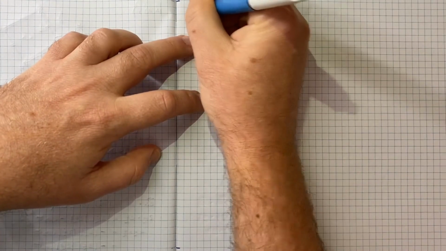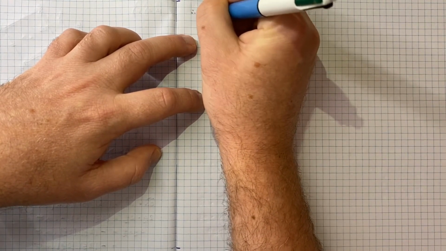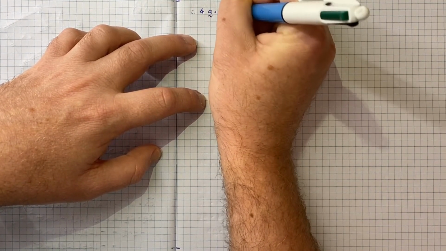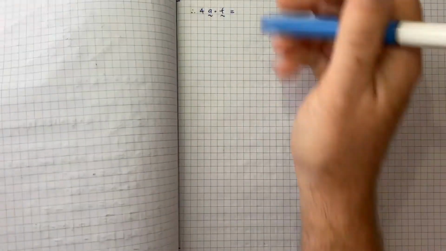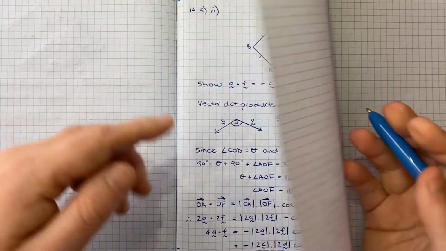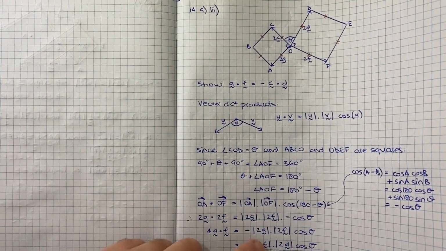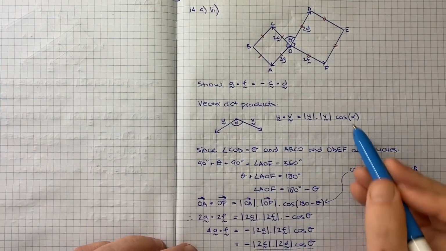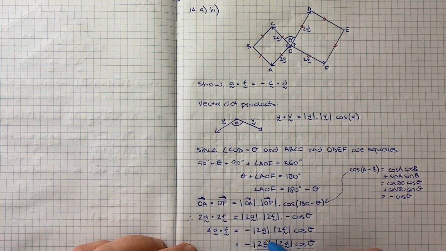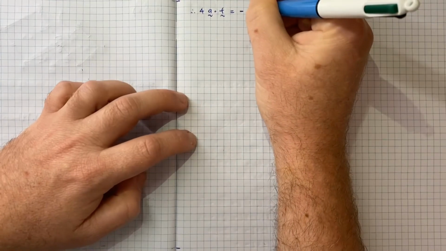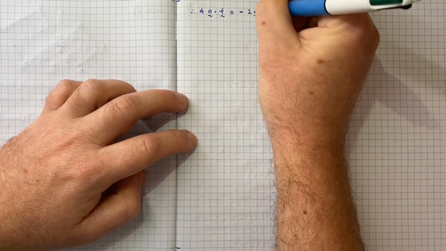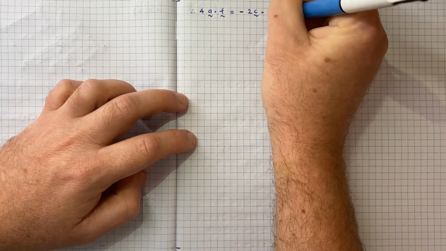So we'll say, therefore, 4 times A vector dot product F vector is equal to, and we have our negative, can't forget that. And now, if we convert it back to the left-hand side, it would be 2C vector dot product 2D vector. So we'll say negative 2C vector dot product 2D vector.